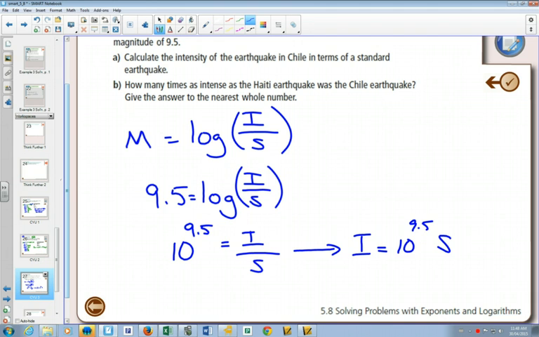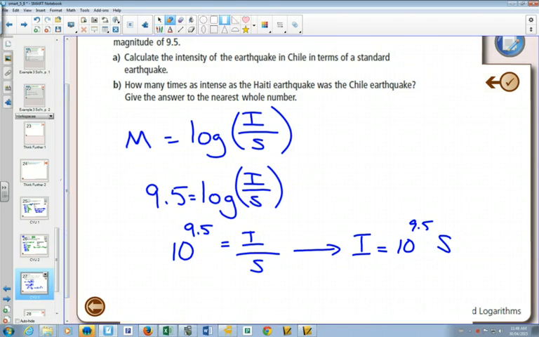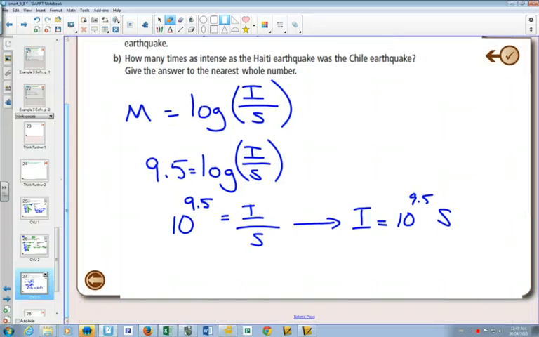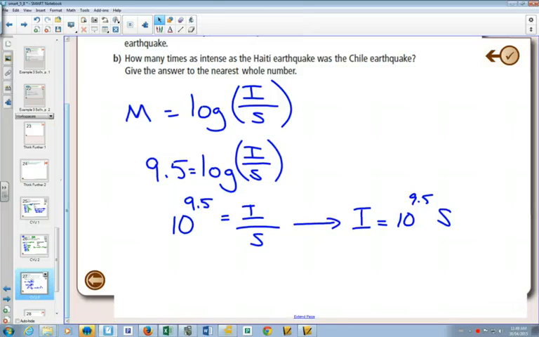So now for part B, and we'll solve it with the shortcut first, and then we'll use the formulas, because I know you will all like the shortcut much better. The Haiti earthquake had a magnitude of 7. Our Chile earthquake had a magnitude of 9.5.